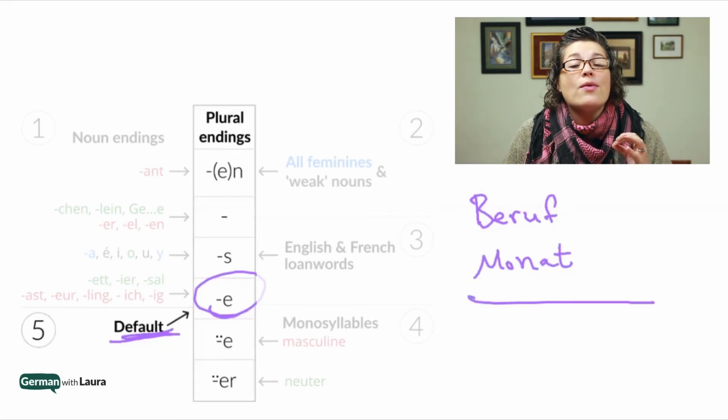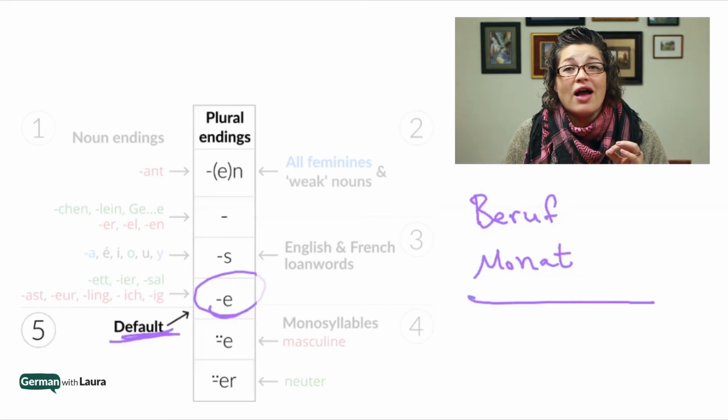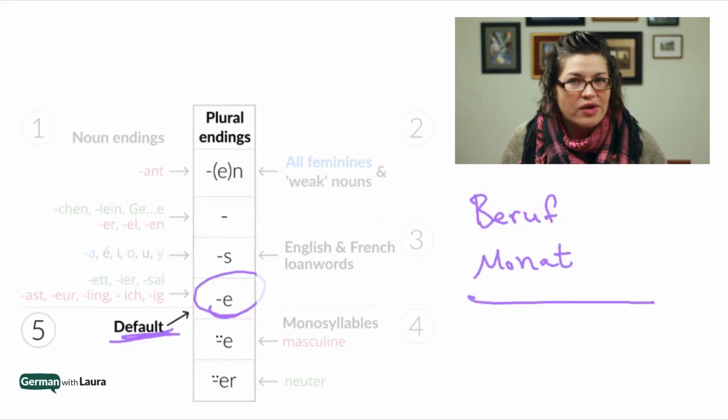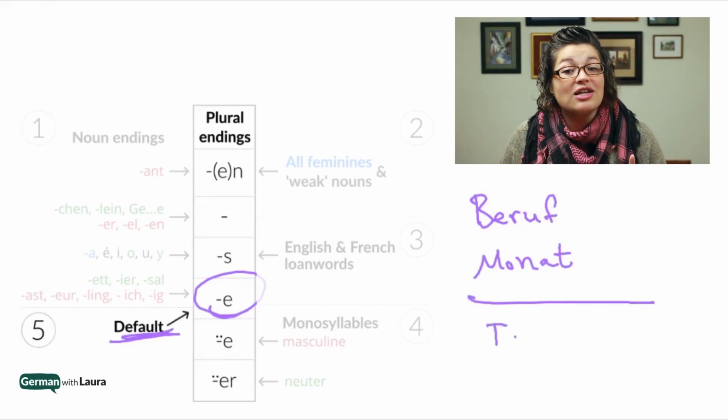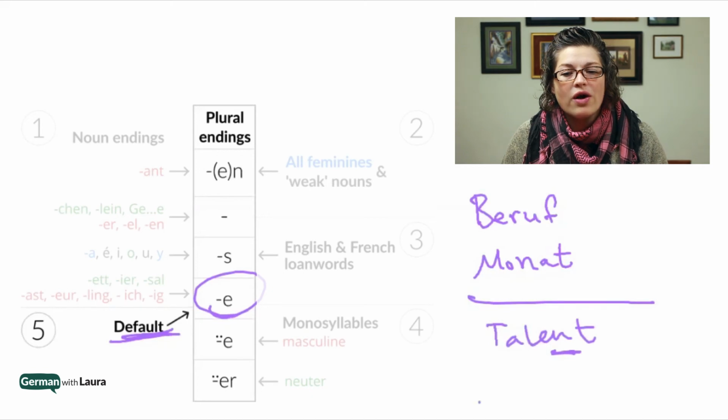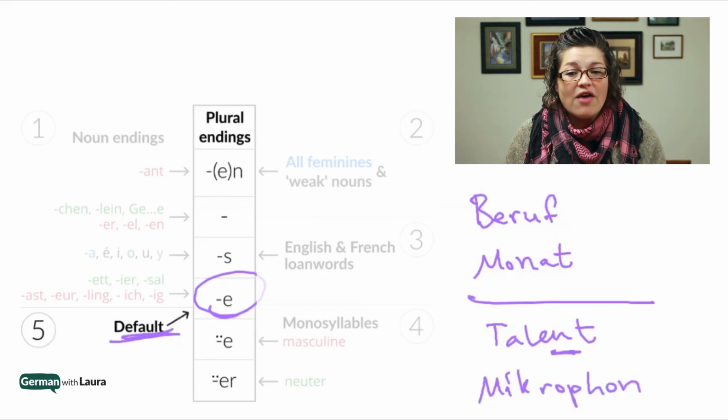And then we have neuter polysyllables that are either completely English looking but pronounced differently, such as Talent, right, with that emphasis on the final syllable, or they're English-ish looking, such as Mikrofon, okay? So these nouns get off here and they all take this default E plural.